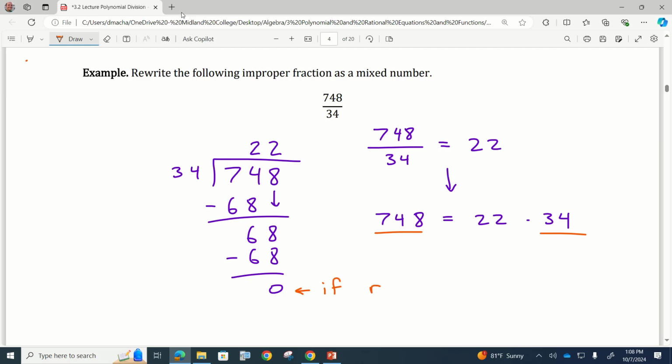If my remainder is 0, then the denominator is a factor of the numerator. And if the remainder is not 0, then you can't say that. You can't say that the denominator is a factor of the numerator. It's only a special case. If you do division and you get a remainder of 0, then you know the denominator is actually a factor of your numerator for that reason.